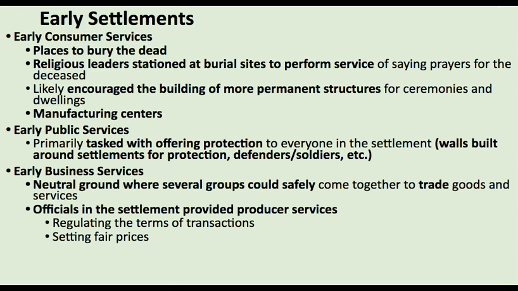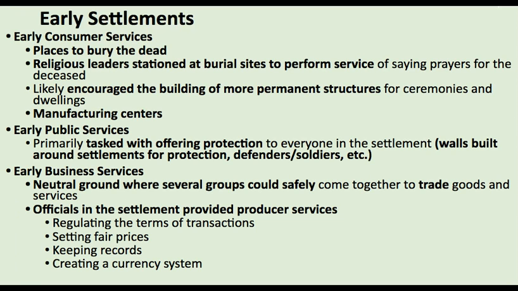As for business services, early settlements tried to create a space where everyone could trade goods with each other. Remembering everyone was making their own stuff, and this was pre-currency in a lot of situations, so this is much more about bartering. The business services allowed that to happen in a safe and fair way.